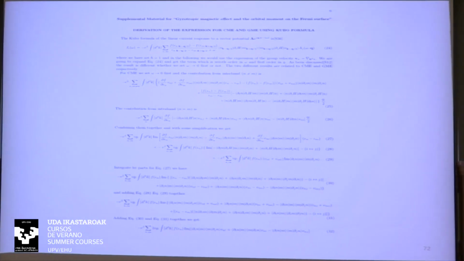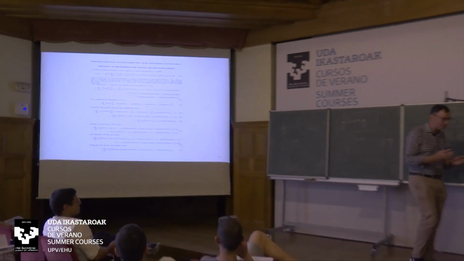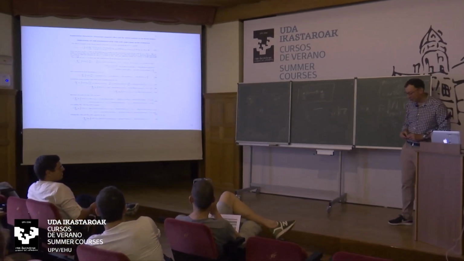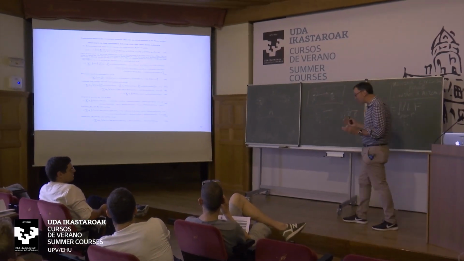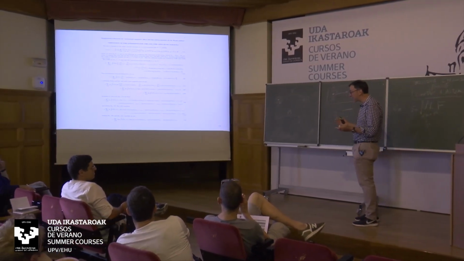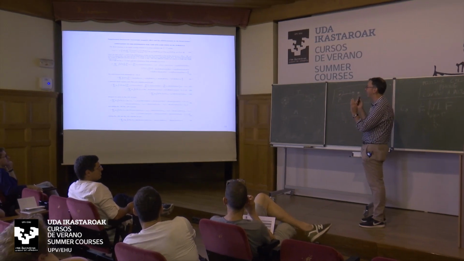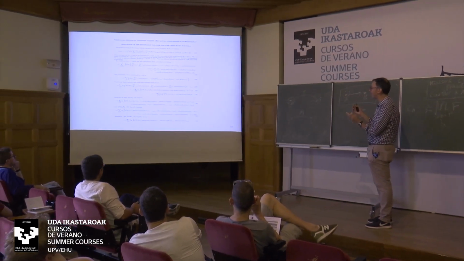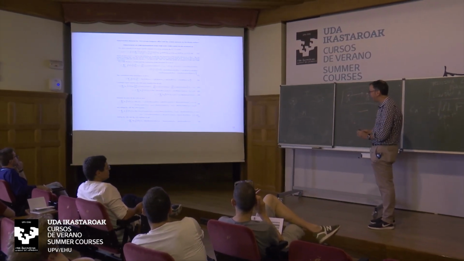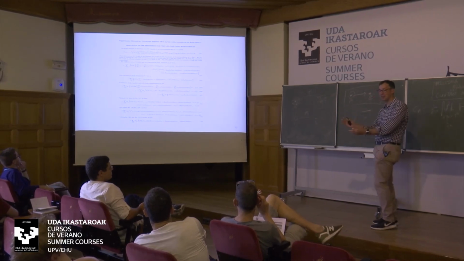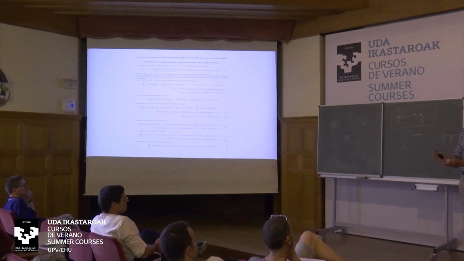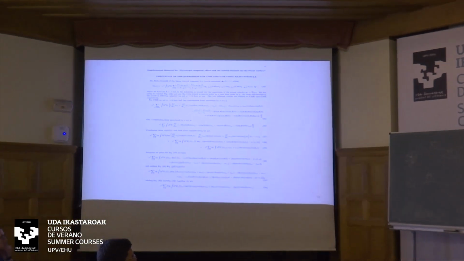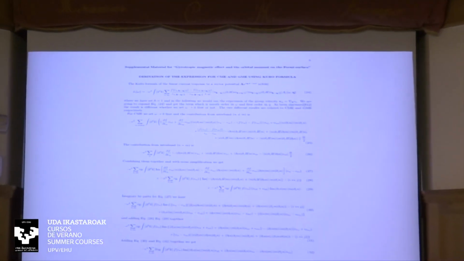So now I want to come to 2 ways to derive the optical result that I flashed up. One way is to do a lot of work and do quantum mechanics and do the Kubo formula properly. And this is the first of 8 pages of supplemental information doing that. The good news, and this is really an argument for semi-classics, is that you can get the same answer in 2 lines if you put in the right term in the semi-classical equations of motion.